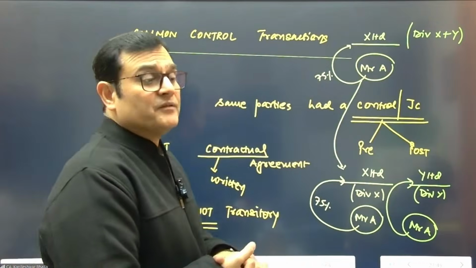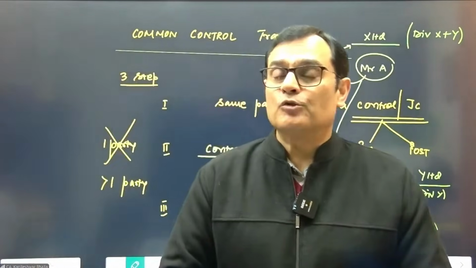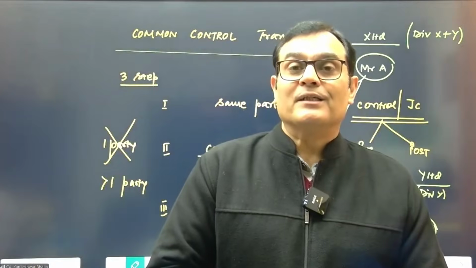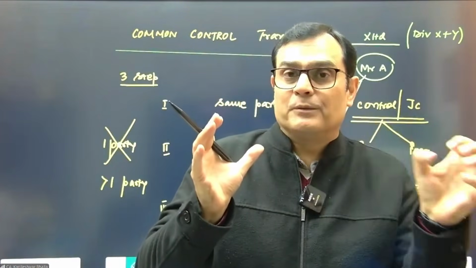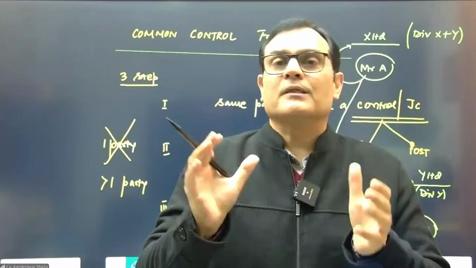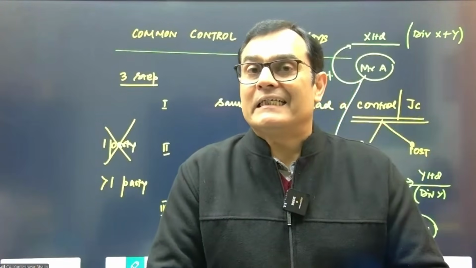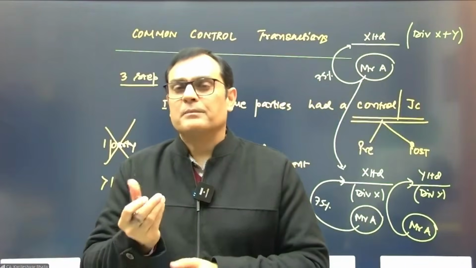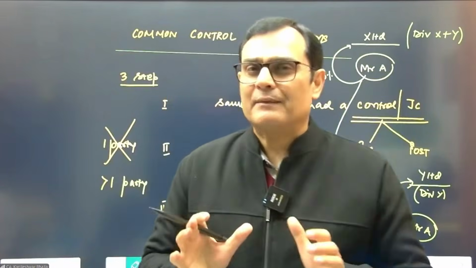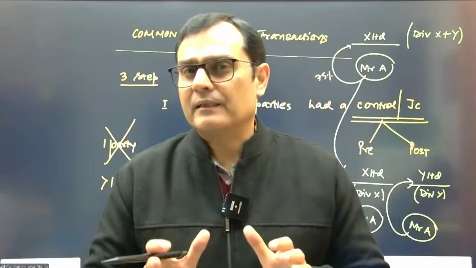Companies should not be given the advantage of doing common control transactions unless you're able to prove that there was control for quite some time in the pre-business combination period. Because companies can manipulate and create an artificial control just a couple of months before the business combination occurs. What I'm saying, I'll explain with a practical illustration.